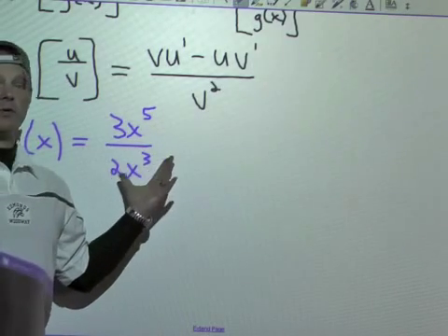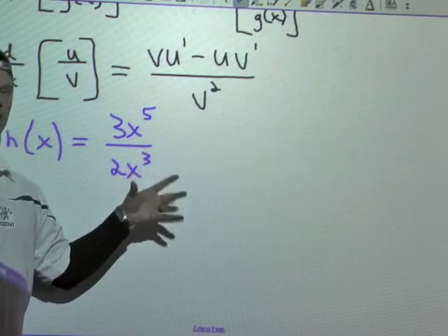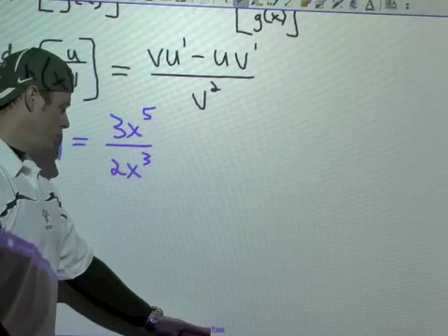Now you would never use the quotient rule in this problem because it's much easier just to divide these terms and then use the power rule. But I just want to illustrate a point here that the quotient rule works.